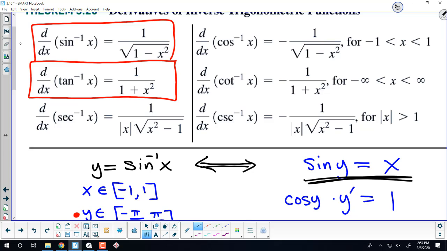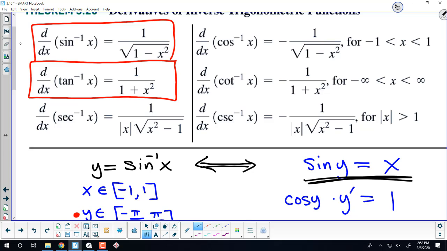So we see we have the absolute value of x in both of those. More or less you have two different derivatives for inverse secant and inverse cosecant depending on where x is. So when we derive it the same way, you can't get rid of that plus and that minus like we could here. So that plus minus just gets absorbed into an absolute value, which is why those derivatives have absolute value in them.